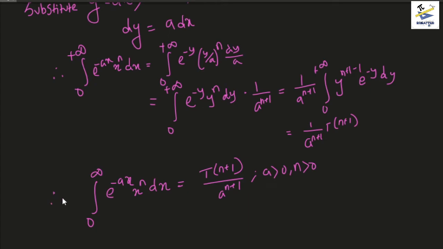This is our result. So now you know the general formula for finding this kind of integral. If you were to use it only for natural numbers n, you can also write it as n factorial by a to the power n plus 1, which is also true.